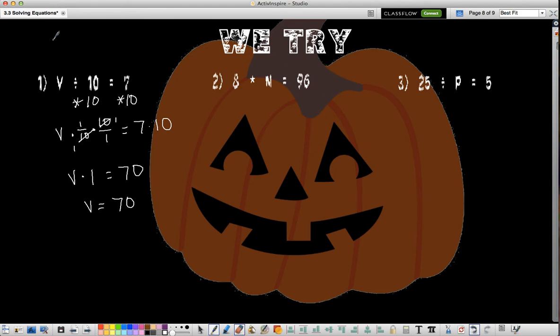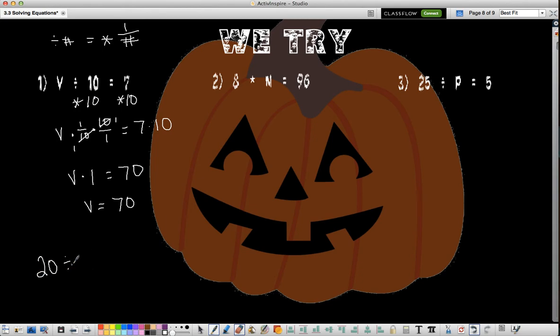So you have to remember that dividing by a number is the same as multiplying by its reciprocal. That's what allows this to work. Okay? And dividing by 10 and multiplying by 10 undo each other. So let's look at 20.